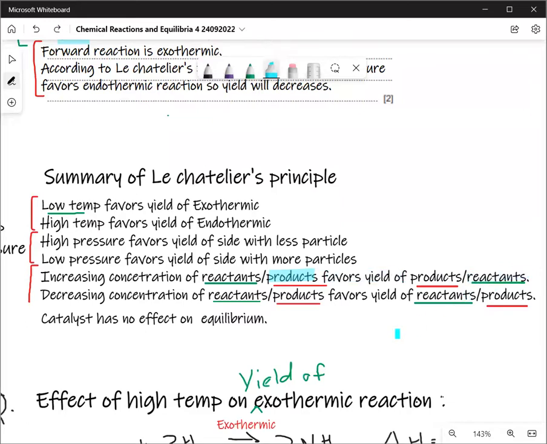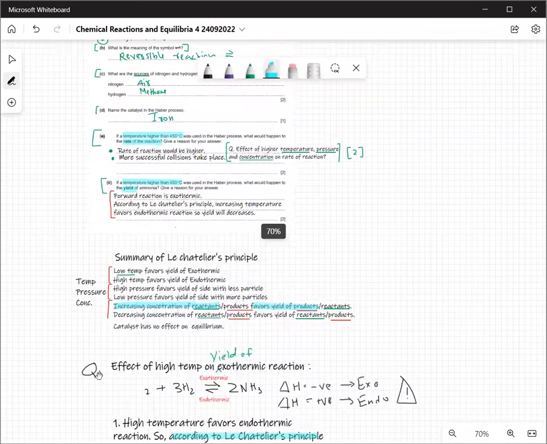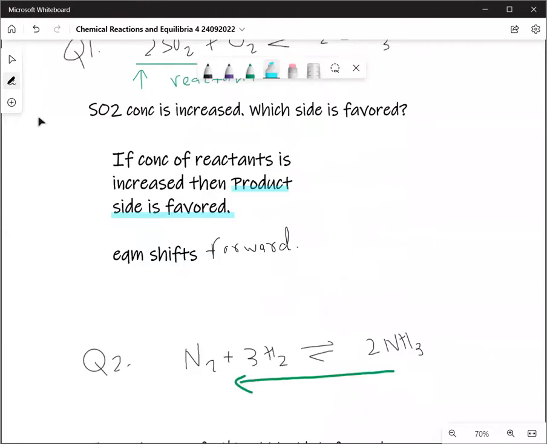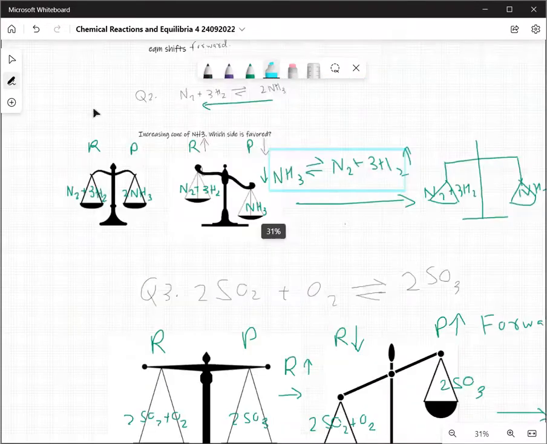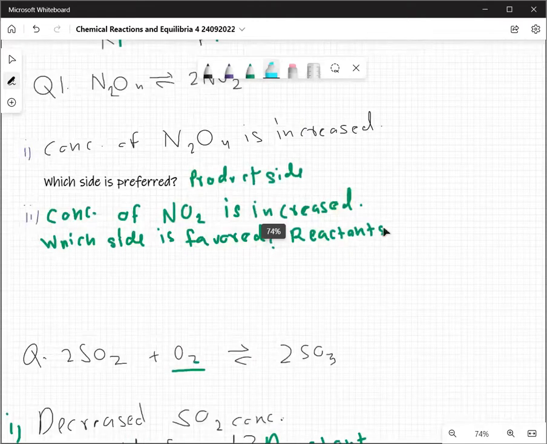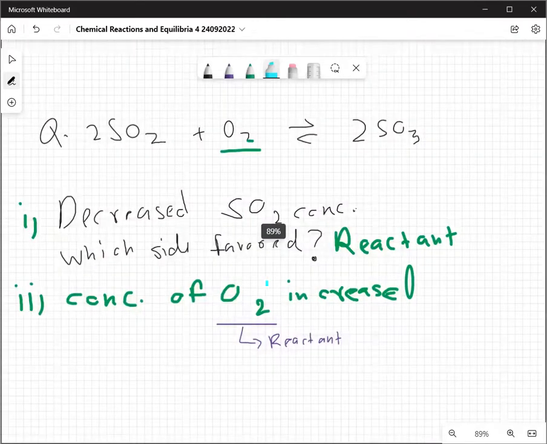Okay, read it again, only the reactant here. Increasing concentration of reactants favors yield of product. Let's go to the question now. Here, is O2 a reactant or product?